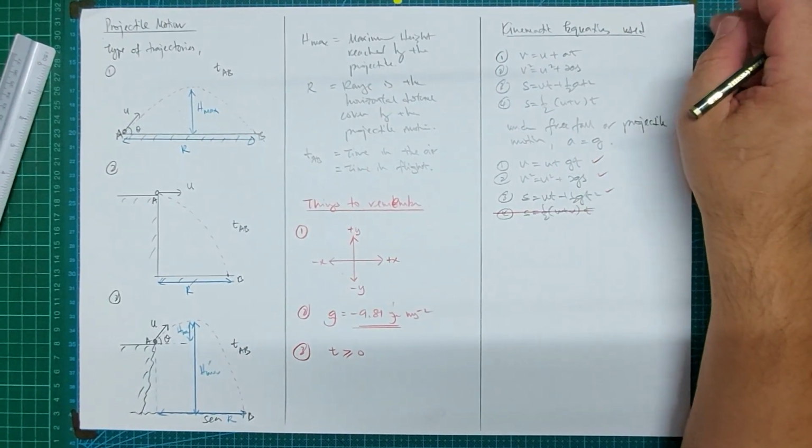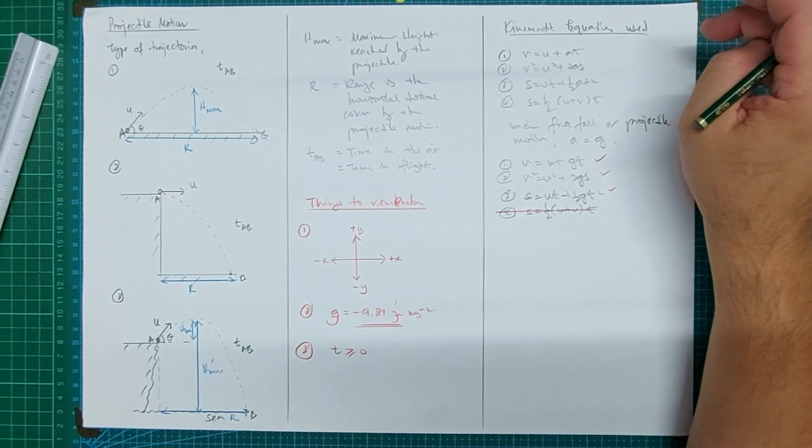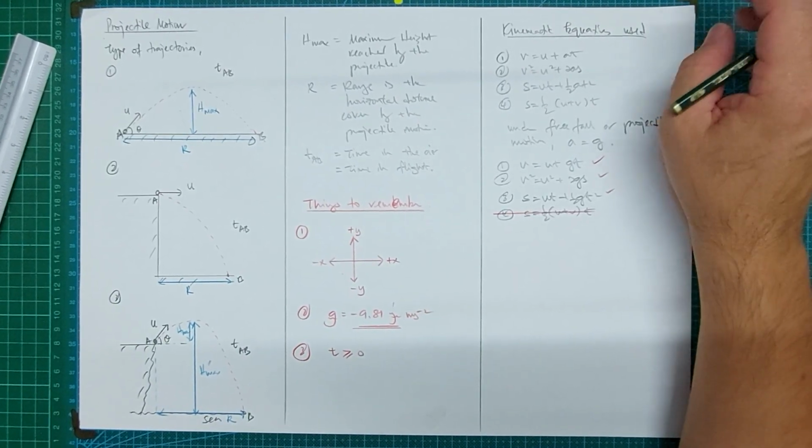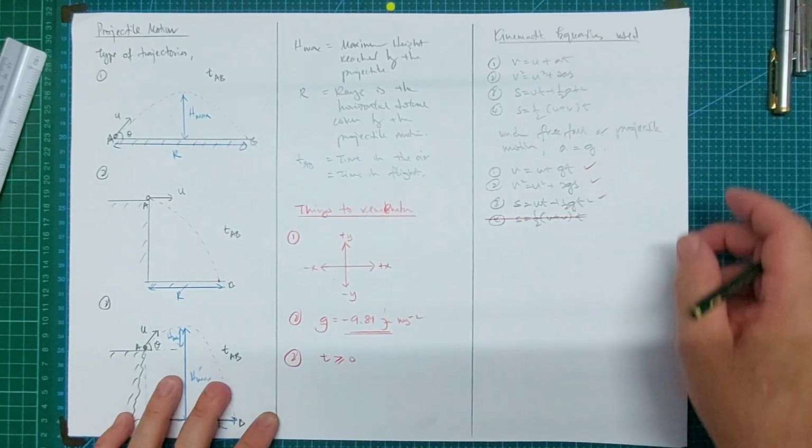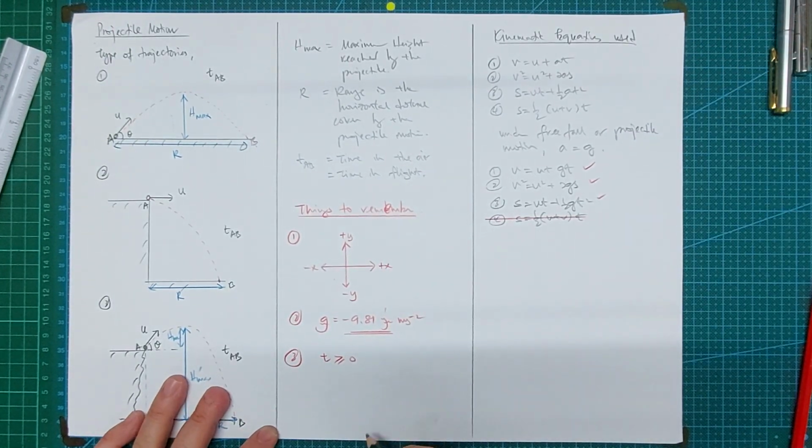Next we're going to look at some examples. We have a few categories, starting from very simple to very difficult. So this is our page 1.